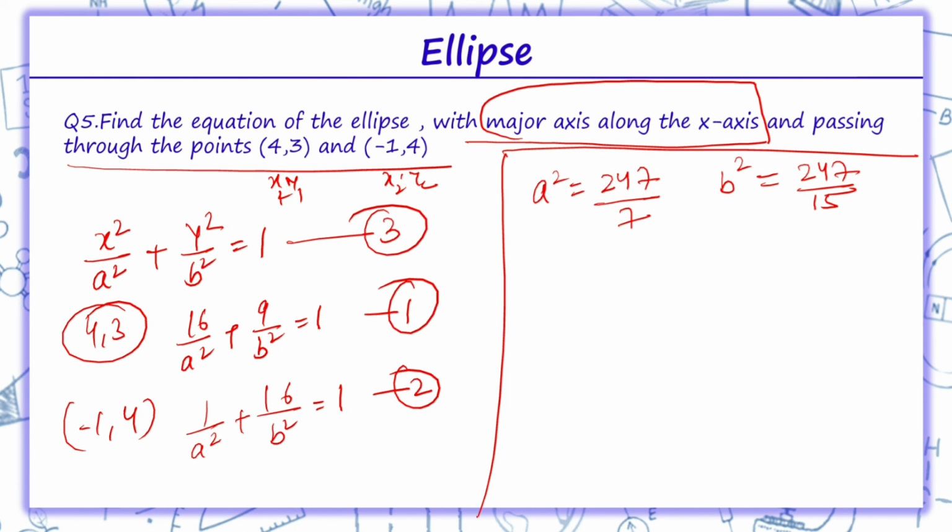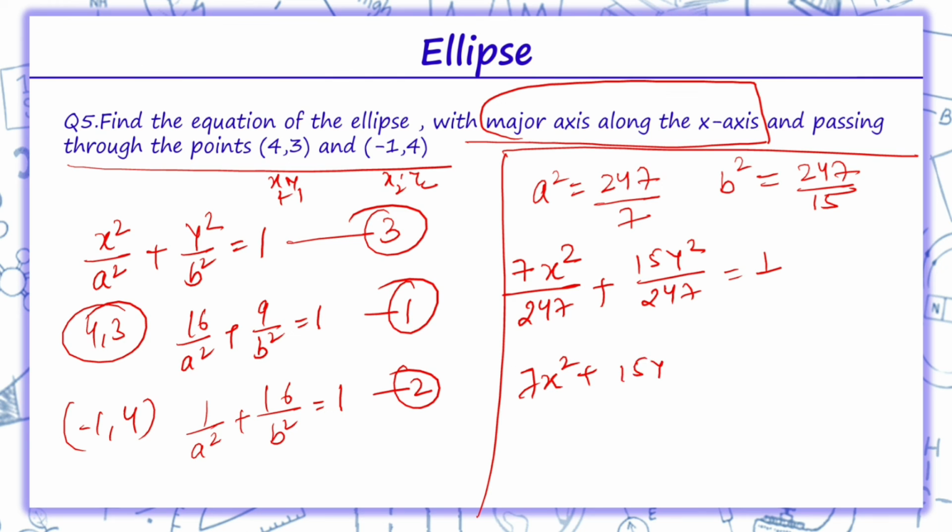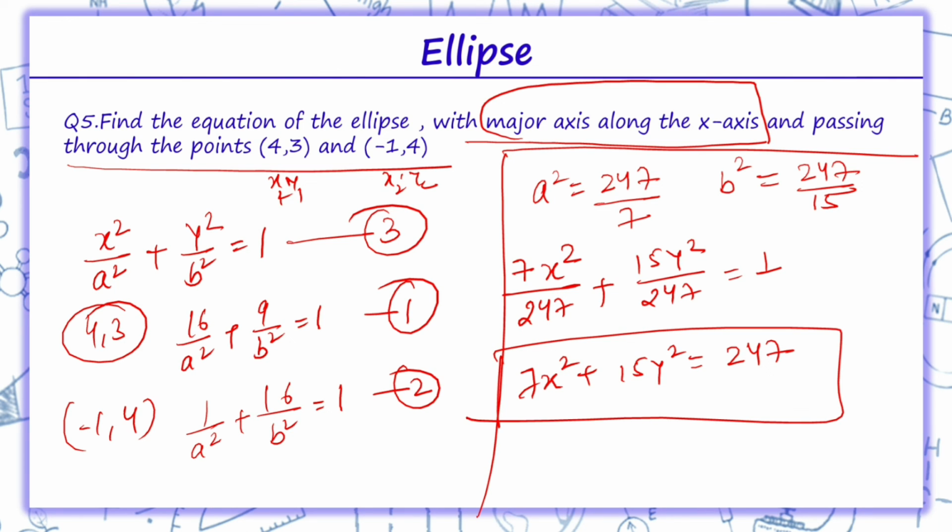Putting the values of a and b in equation number 3, we will get 7x square by 247 plus 15y square by 247 equals 1. Thus, the equation of the ellipse will come out to be 7x square plus 15y square equals 247, which is the required equation of the ellipse.